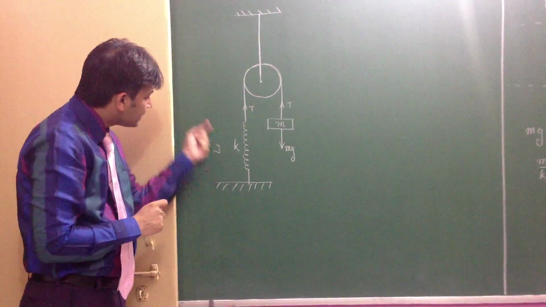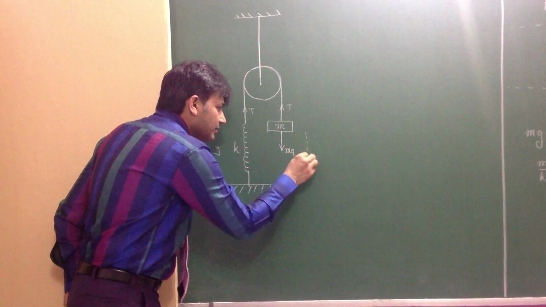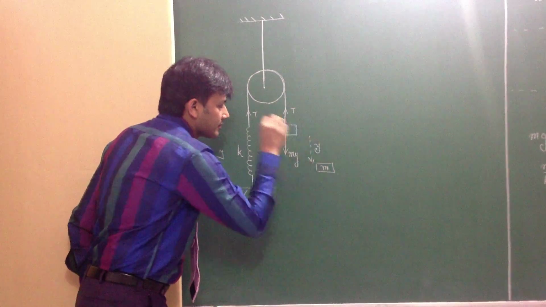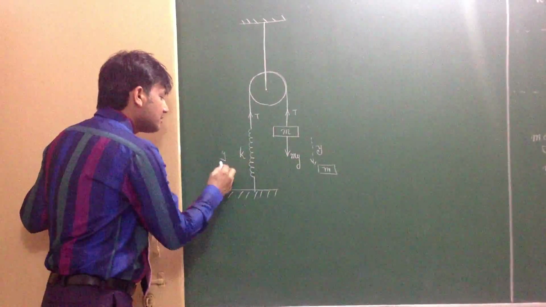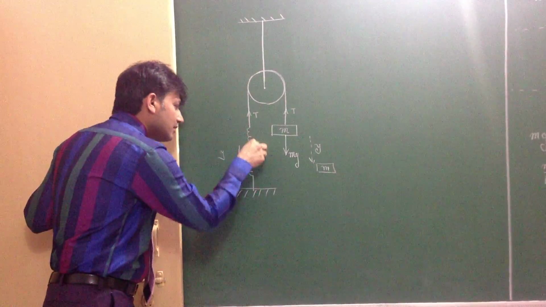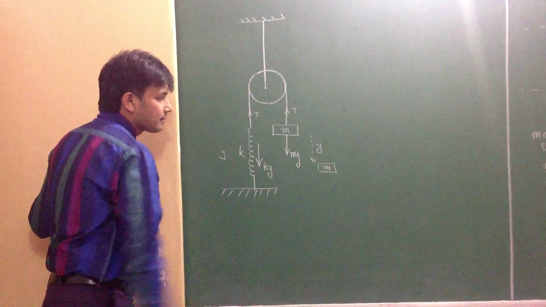If the length of spring is increased by y, this mass m will come down by the distance y. As the length of the spring is increased by y, the restoring force produced in the spring will be in this direction and it will be ky.